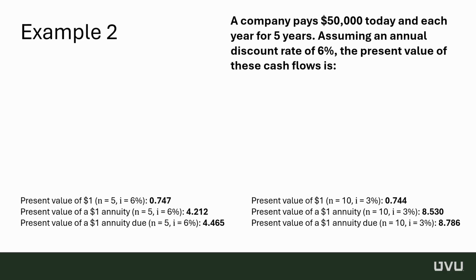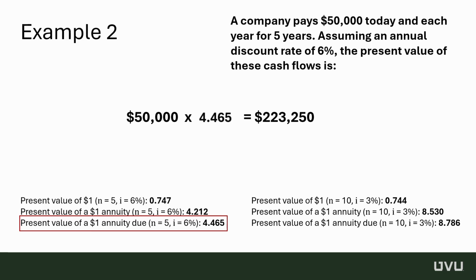The discount factor for a present value of $1 annuity due with 5 periods and a 6% discount rate is 4.465. So we multiply 50,000 by 4.465, and that gives us $223,250. Notice what the factor is doing. Obviously, they're not literally 4.465 payments. It is converting 5 payments occurring at different points in time into one present value amount.